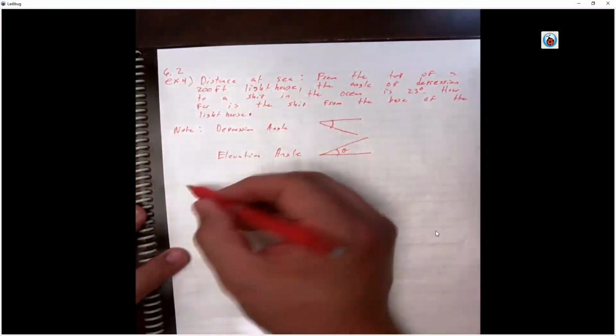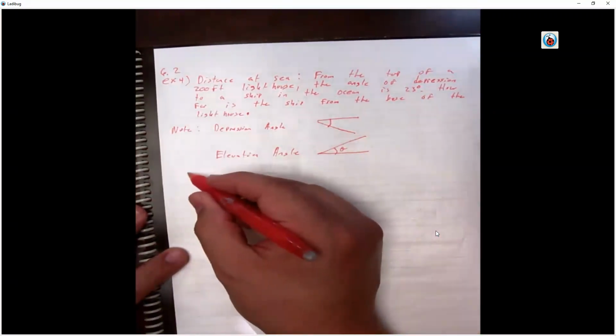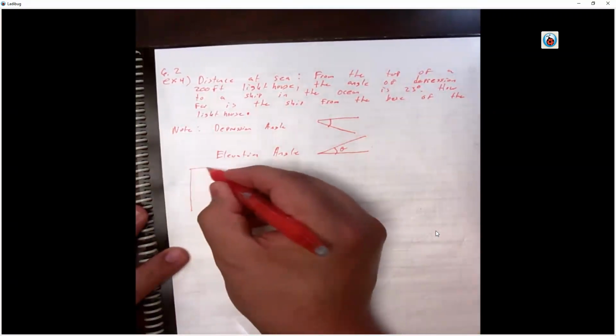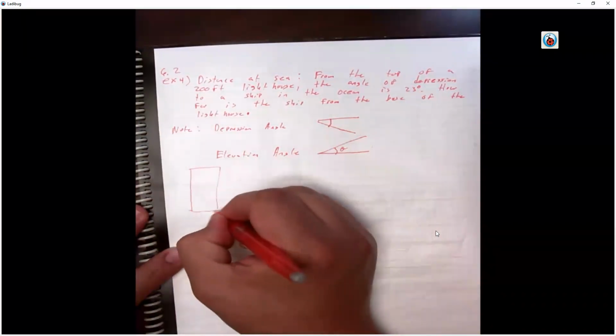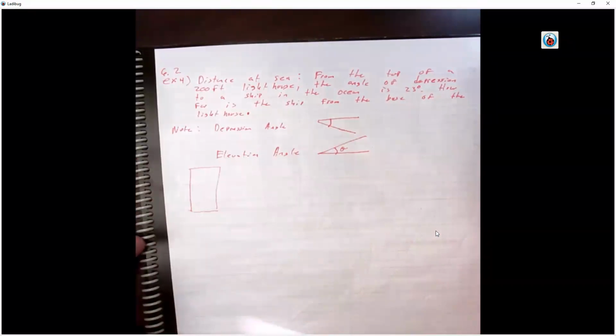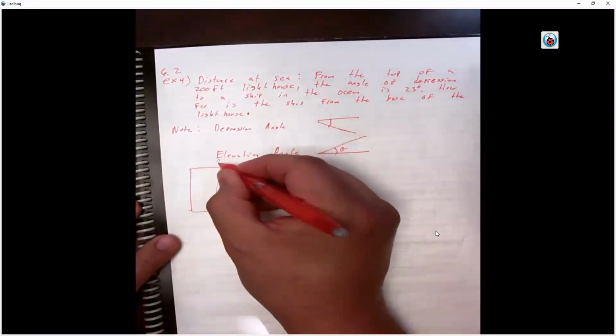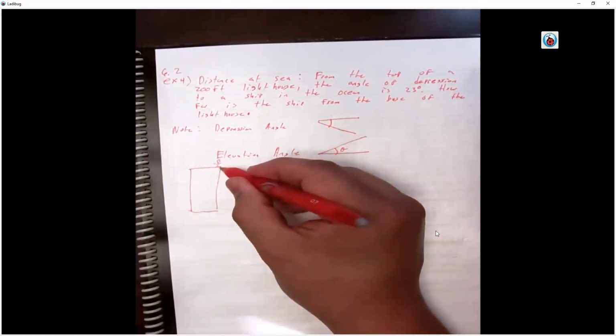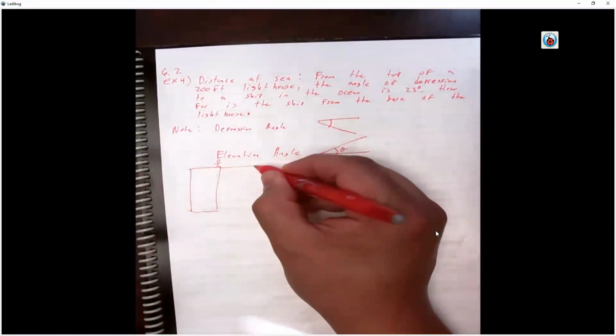So in this example, let's draw our lighthouse, I guess. Here's some rectangle. Okay, so you're on top of the lighthouse. You're looking straight across, and then you look down at some ship.